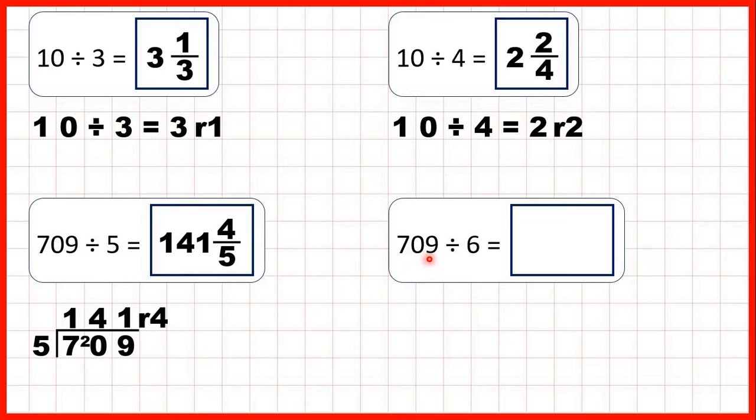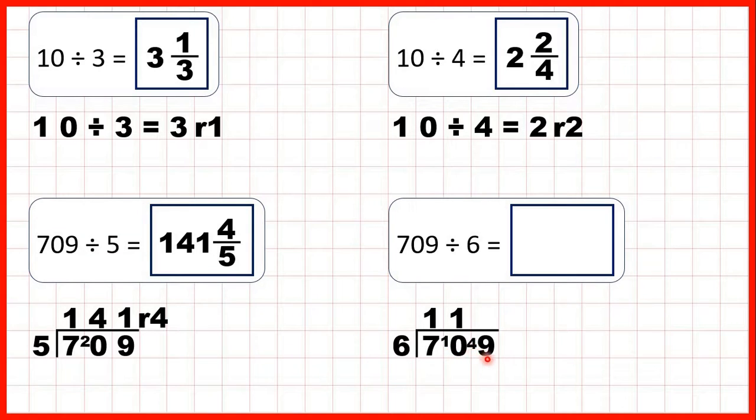Now 709 divided by 6, so we can write it out as a short division. 7 divided by 6 is 1 remainder 1, because 1 times 6 is 6, then we need 1 more to get to 7. 10 divided by 6 is 1 remainder 4, because 1 times 6 is 6, then we need 4 more to get to 10.